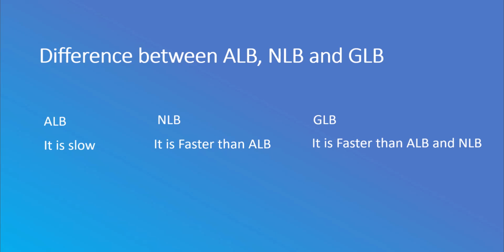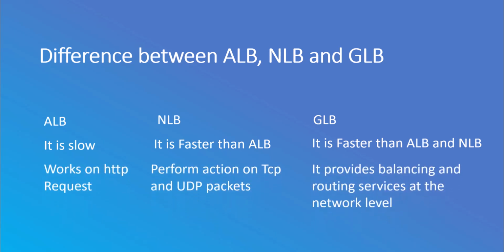The GLB is faster than the two because the traffic that it handles is a lot more than the above two. The next difference is that ALB works on HTTP requests while the NLB performs actions on TCP and UDP packets. Then the GLB provides balancing and routing services at the network level.